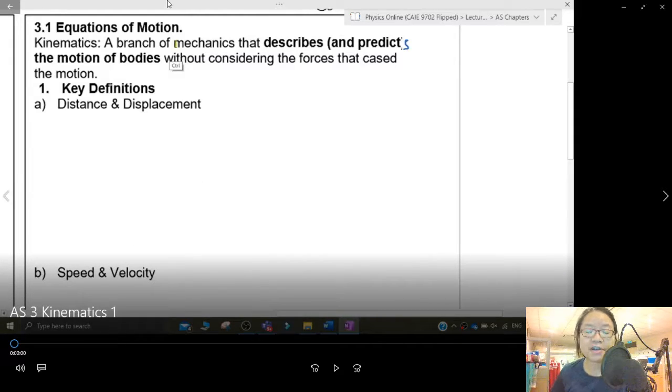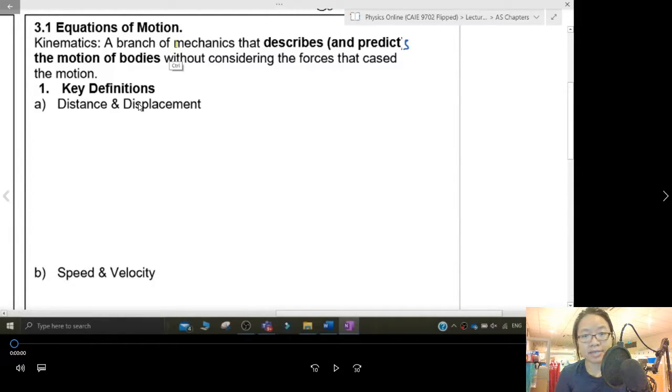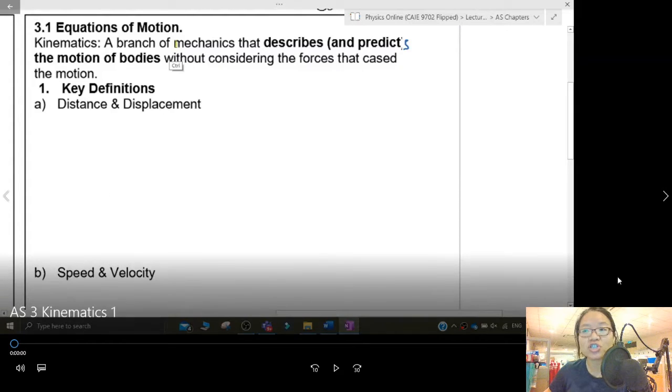All right. You can find this in your notes, page 1, chapter 3. We're going to start off by talking about equations of motion, but before that, kinematics, as mentioned before, is a branch of mechanics that describes and predicts the motion of the body without considering the forces that cause the motion just yet.